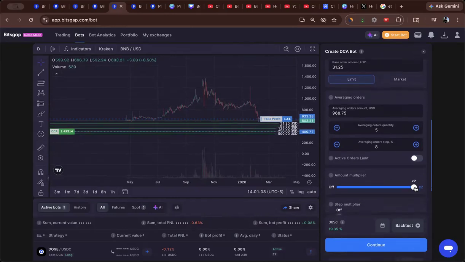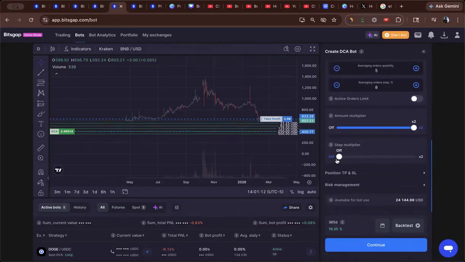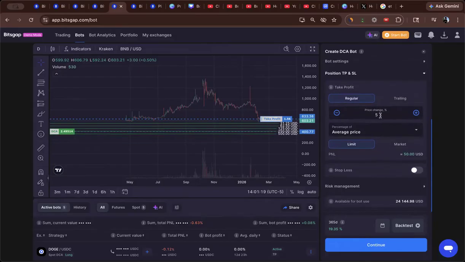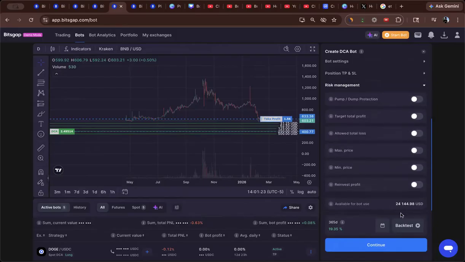Amount multiplier, as always, is on X2. That doubles the amount on each line. Step multiplier, which modifies the distance between those, is all the way off. Our take profit percentage change is 5, and our pump dump protection is off.